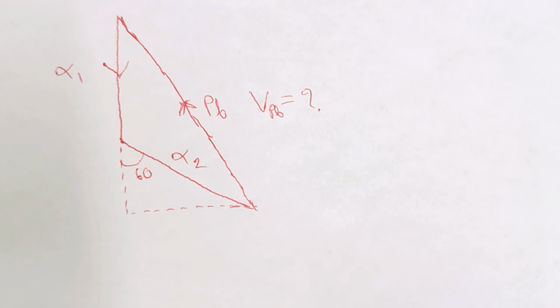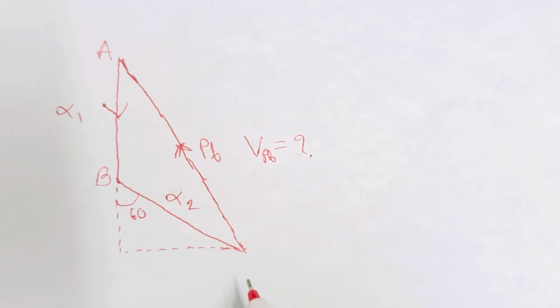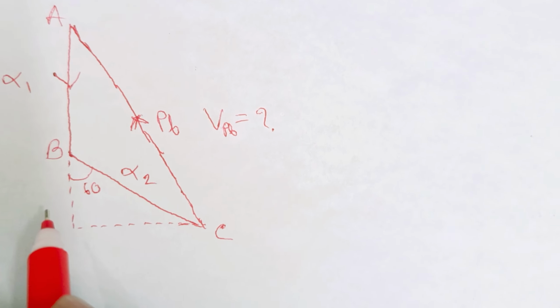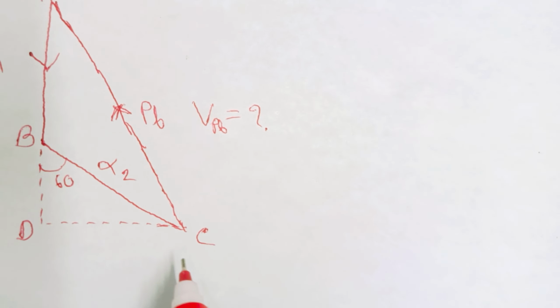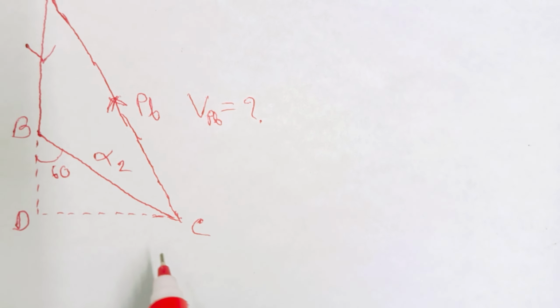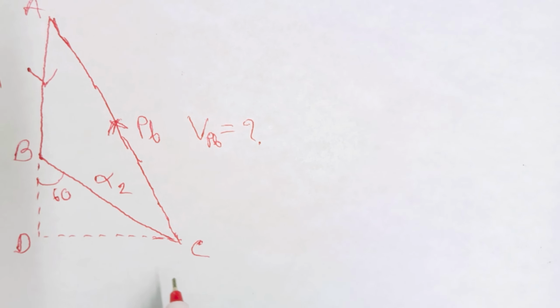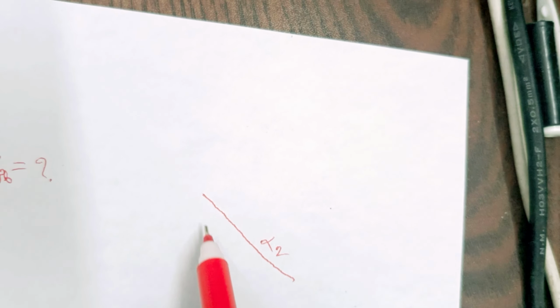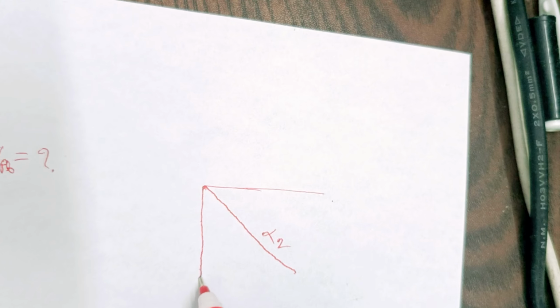We can simplify this triangle. From A to B, that information is known to us. Even from B to C, that information is also known to us. So if we can determine BD and DC, then we can easily apply the Pythagoras theorem, that means AD squared plus DC squared equals AC squared. For simplification, I can draw another diagram. This is alpha 2 and there are 2 components of alpha 2.